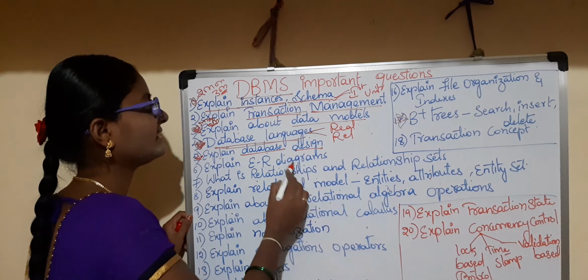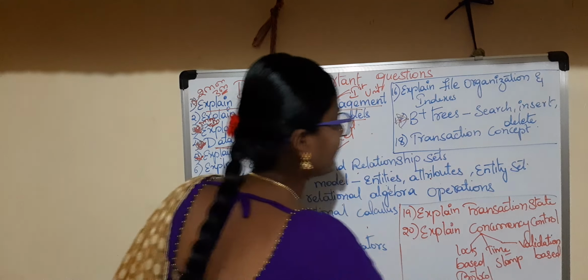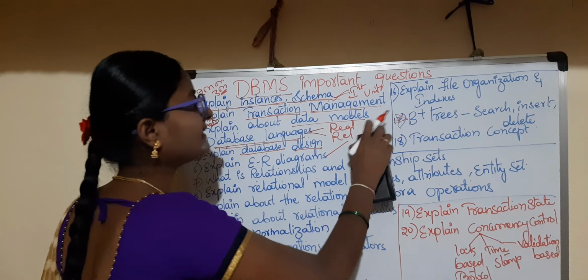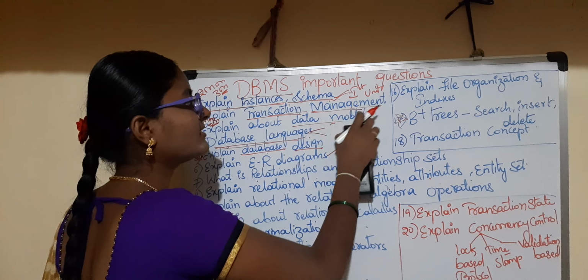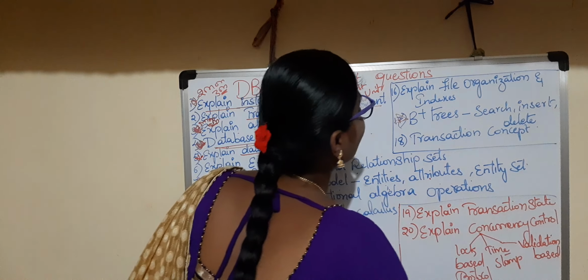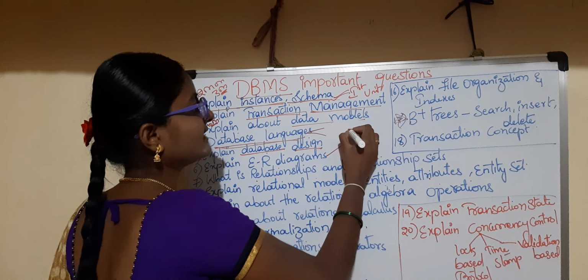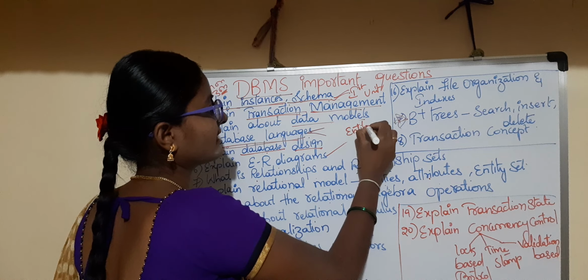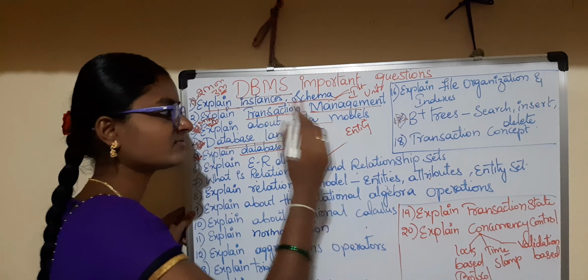Next is explain ER diagrams. What are the ER diagrams, students? Entity, relationship, attributes, weak entity. First is the entity. I have explained this on YouTube, you can follow it.